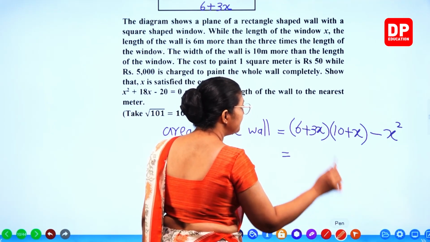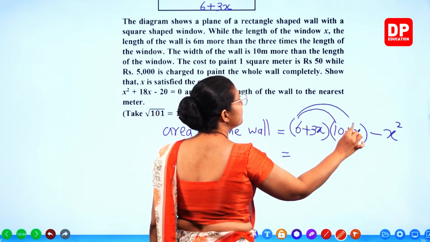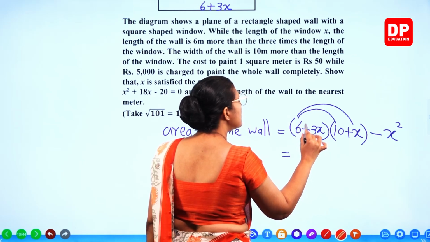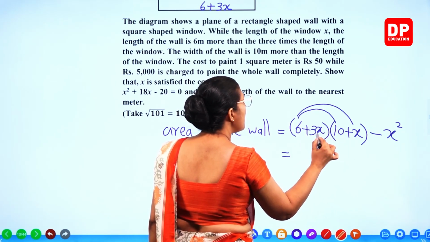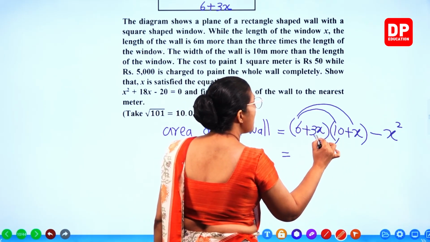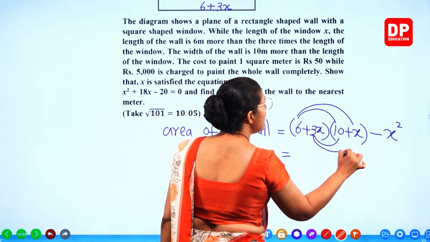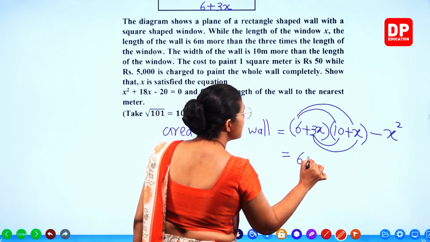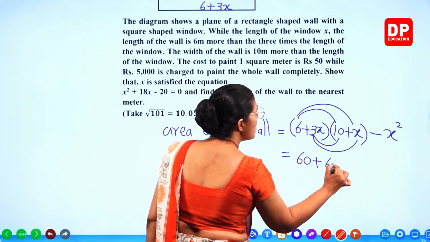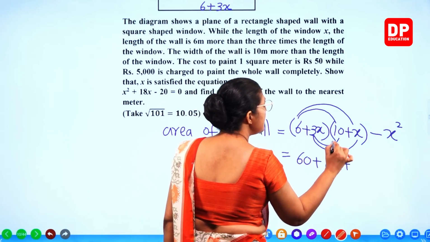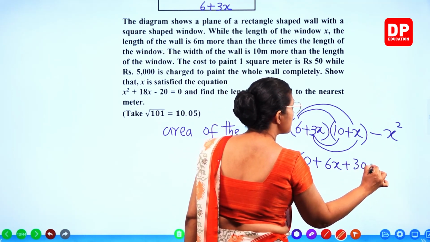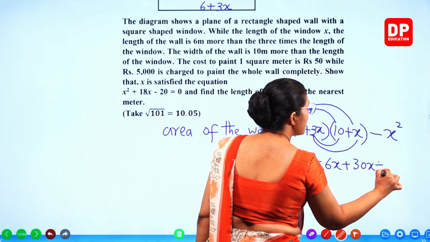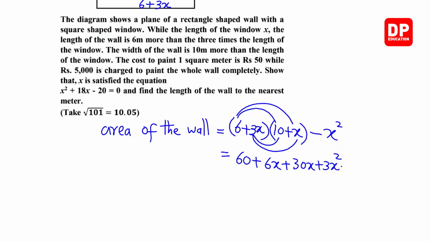Use FOIL. First with first, outside values and then inside and last terms. 6 into 10, 60. 6 into x, 6x. Then 3x into 10, 30x. 3x into x, 3x squared, minus x squared.